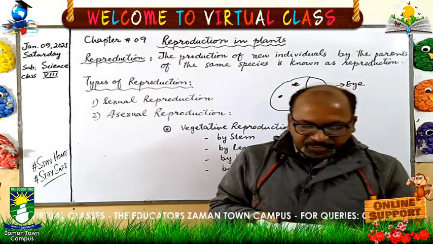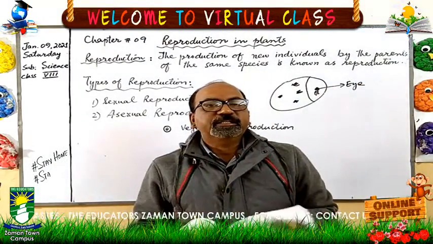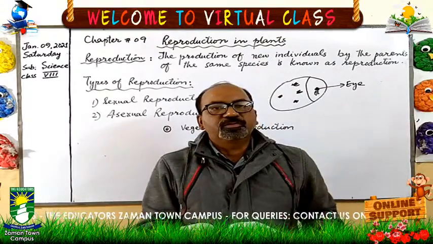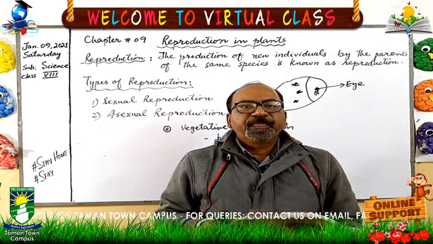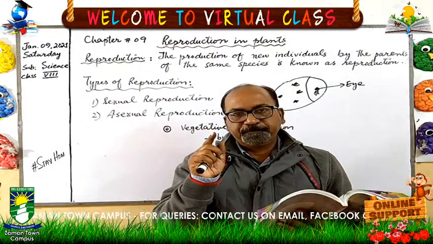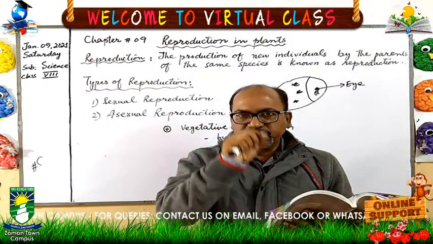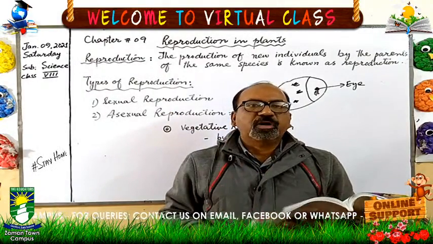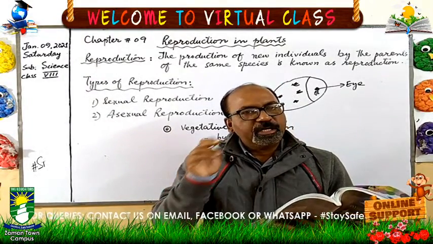Vegetative reproduction by vegetative buds. So it is necessary that we should first know about the bud. What is actually the bud? The point from where the leaf is attached to the stem is called the axil.